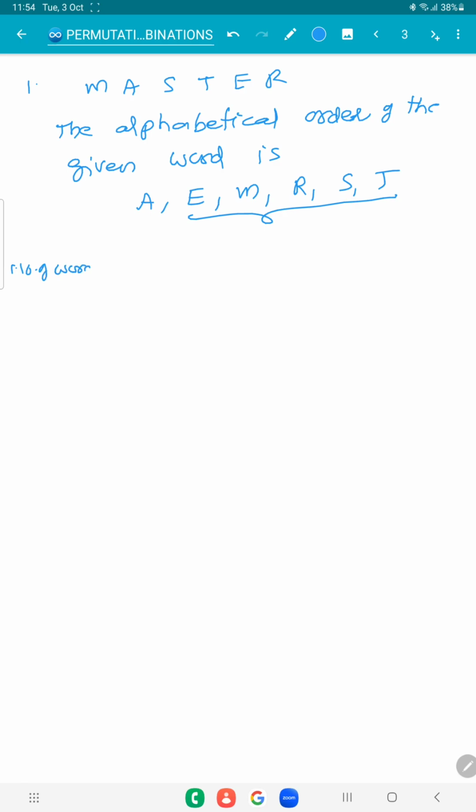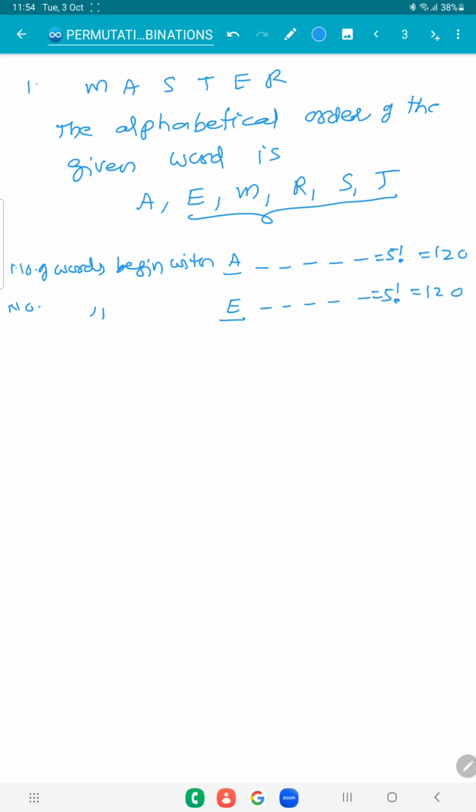Number of words that begin with A is 5 factorial, that is equal to 120. After we are done with the words starting with A, in dictionary order we have the number of words that begin with E. Those are also 5 factorial, that is 120.